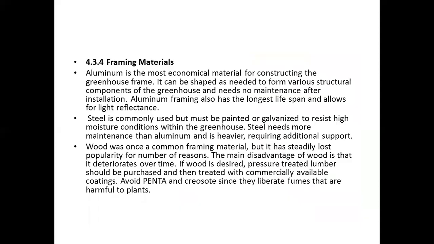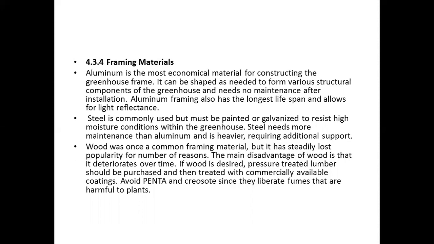Then framing material. Aluminium is the most economical material for constructing the greenhouse frame. It can be shaped as needed to form various structural components of the greenhouse and needs no maintenance after installation. Aluminum framing also has the longest lifespan and allows for light reflectance.